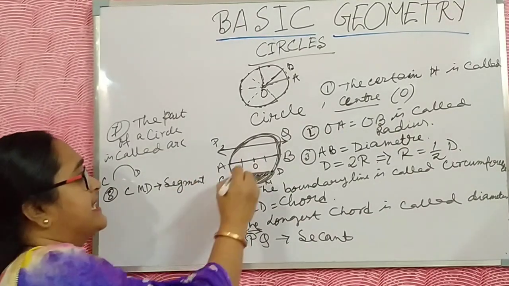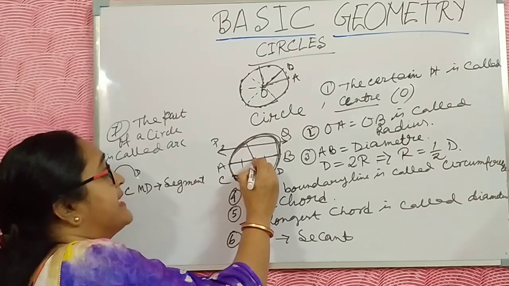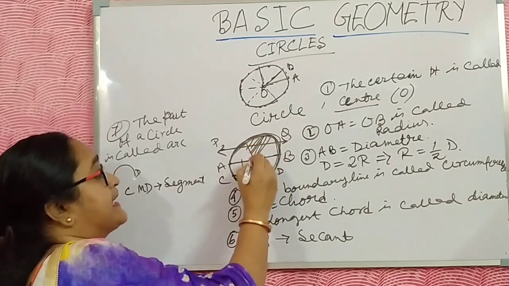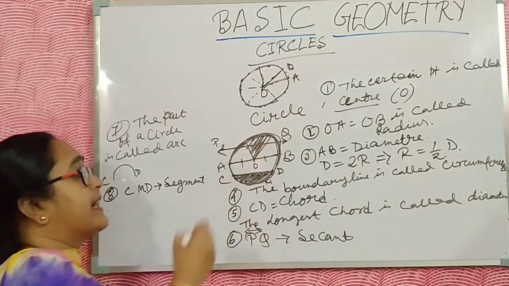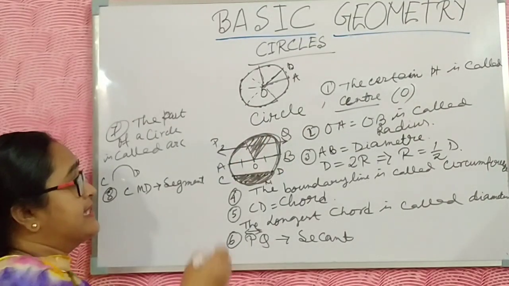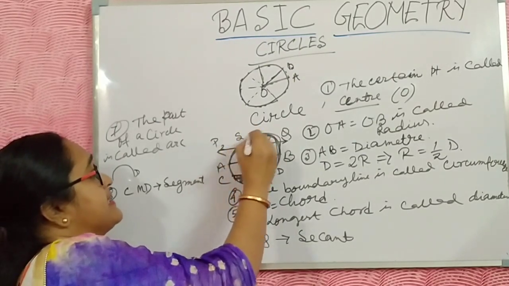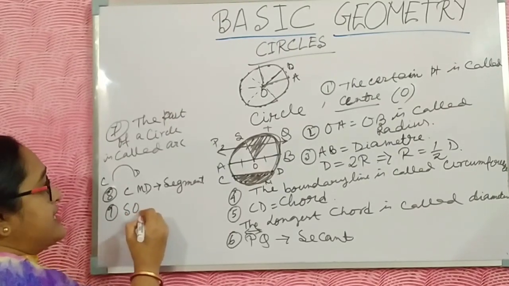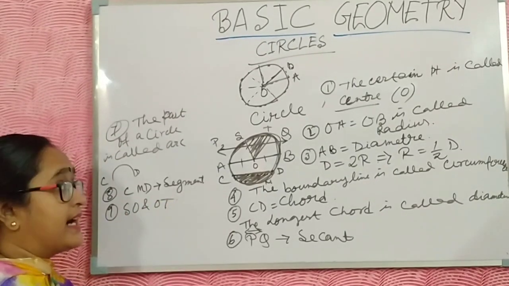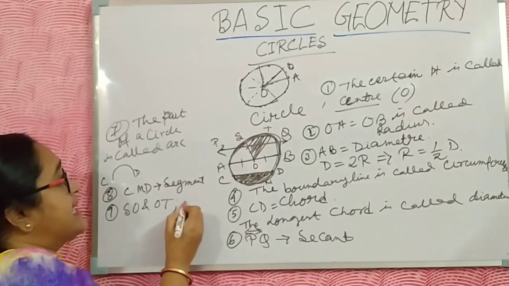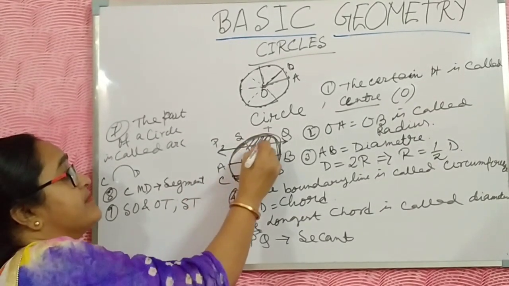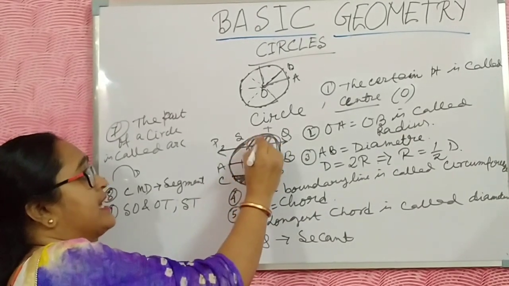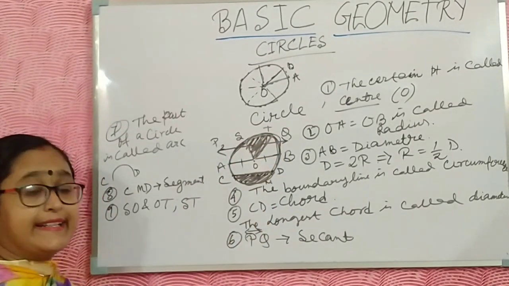And another thing is that the radius and the arc make a sector. Here OS and OT are the radii and the arc is ST. Two radii and the arc make a sector.